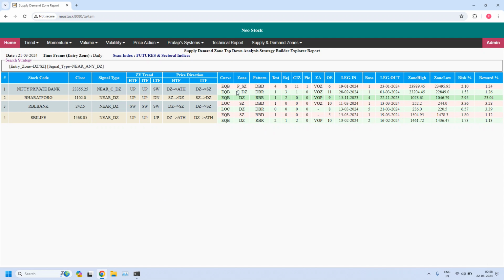We have Nifty Private Bank in the list, but we don't trade in the indices in the F&O segment. In this F&O segment, only 4 indices are supported. Private bank is not there. If anybody wants to buy Nifty Private Bank in cash segment, you have an option called ETF, Exchange Traded Funds.